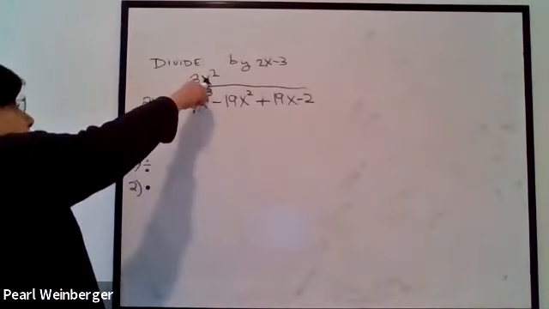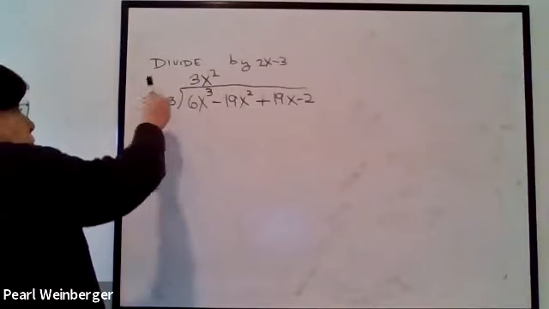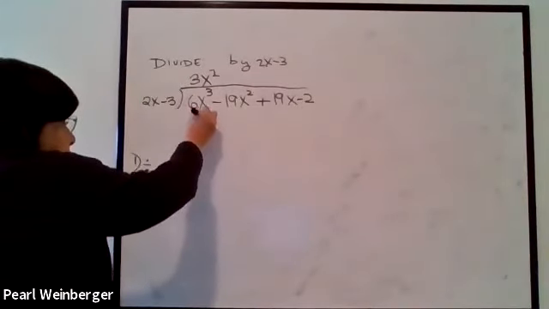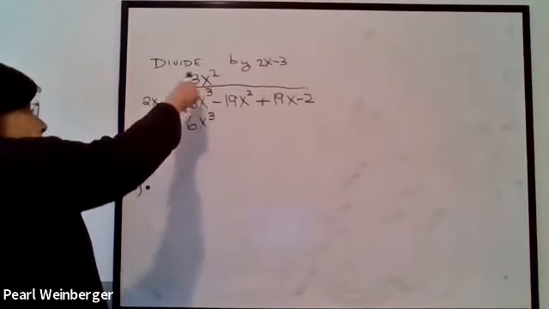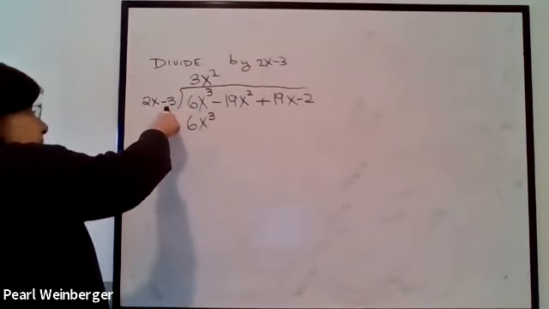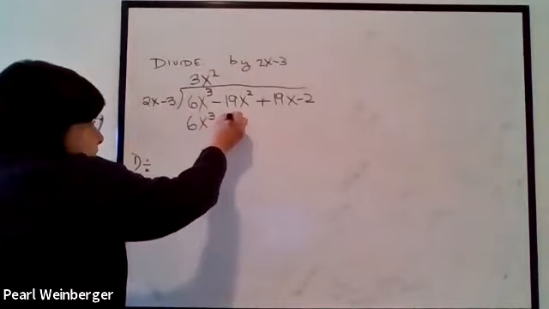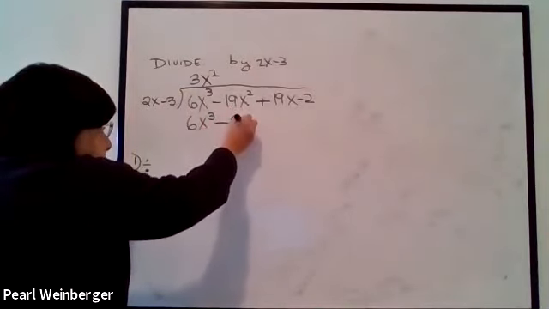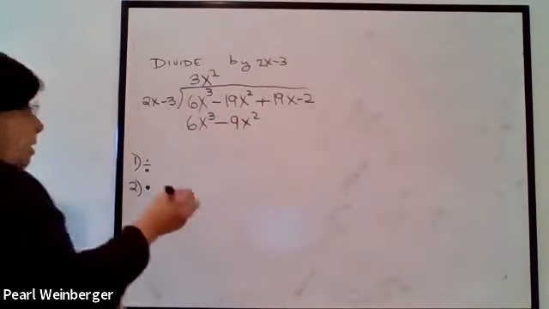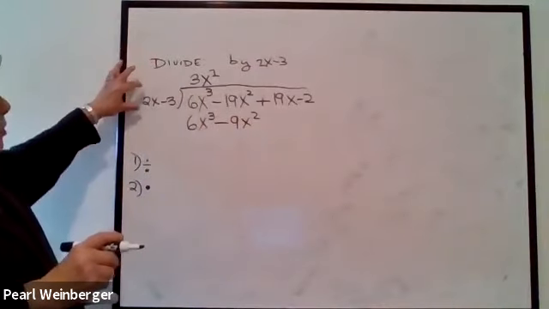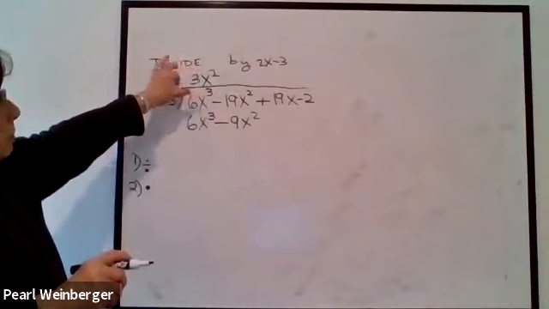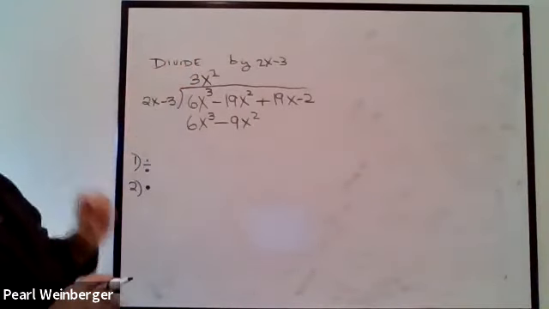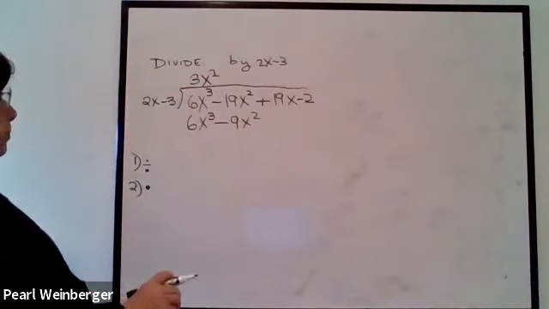So we take the 3x squared and multiply by 2x, and that gives us 6x to the third. And I also take the 3x squared and multiply it by the negative 3, which gives me negative 9x squared. So even though we only divide by the first term, when it comes to the multiplication, we have to actually multiply by everything that's there.